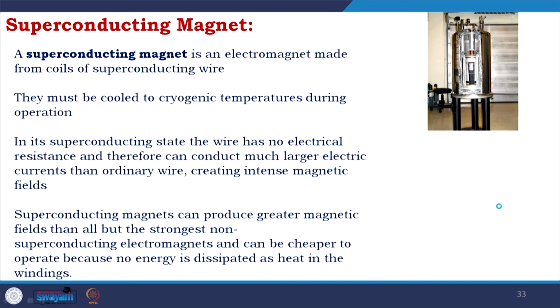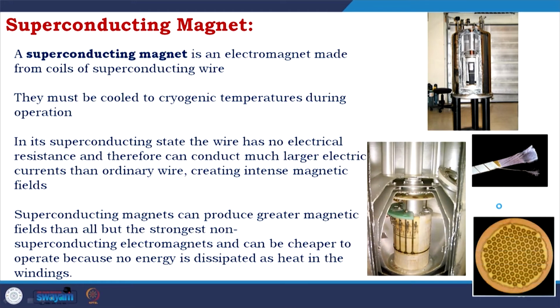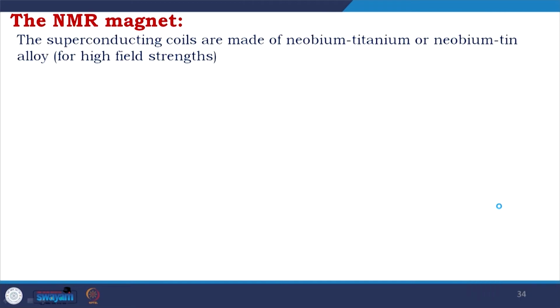So, this is the superconducting magnet. If you go inside, you will see that there are superconducting wires, and this is a super fine high resolution demonstration. The superconducting coils are made of niobium titanium or niobium titanium alloy for high field strength.